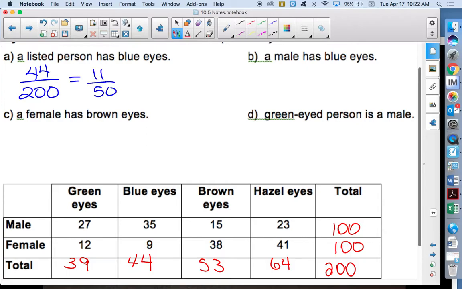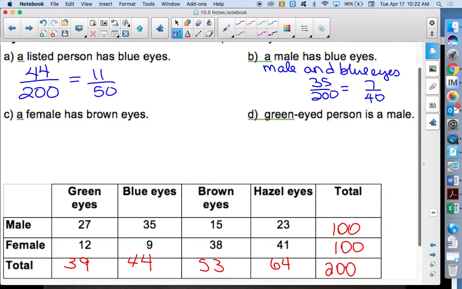11 over 50. So the second question says a male has blue eyes. This is the same thing as saying a male and blue eyes. It's just worded slightly differently. Sarah, what do you think? 35 out of 200, which reduces to 7 over 40.